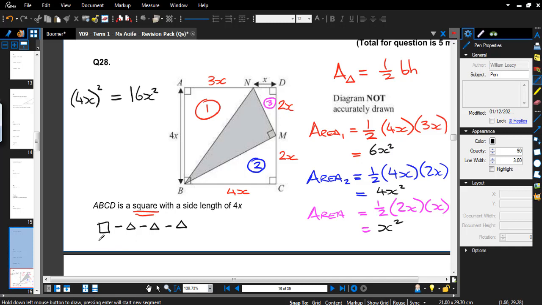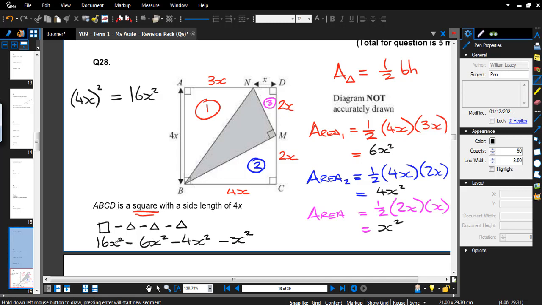Alright, so let's do this. We're going to have 16x squared minus 6x squared minus 4x squared minus x squared.